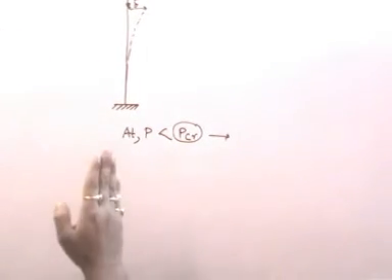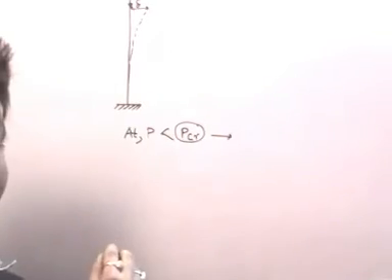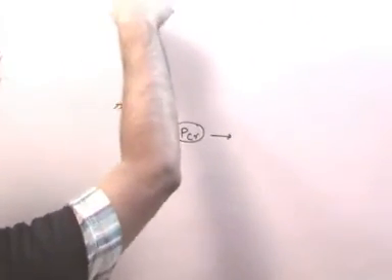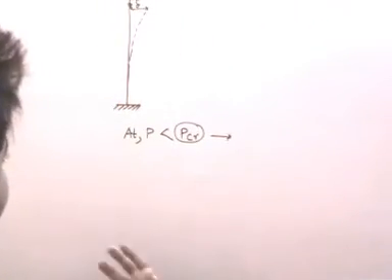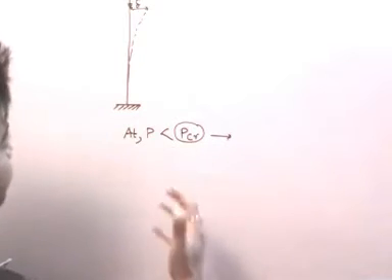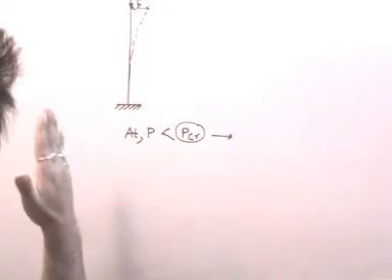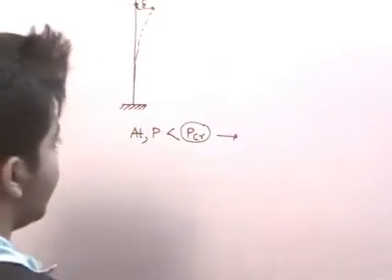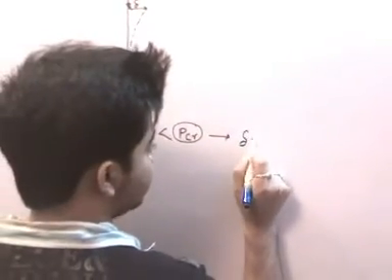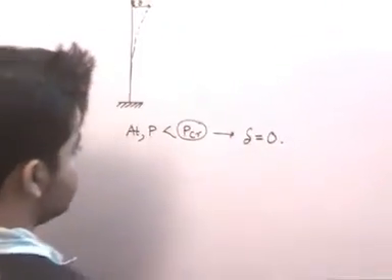So the column will revert to its vertical configuration once P is removed, and therefore delta in this case is equal to 0.